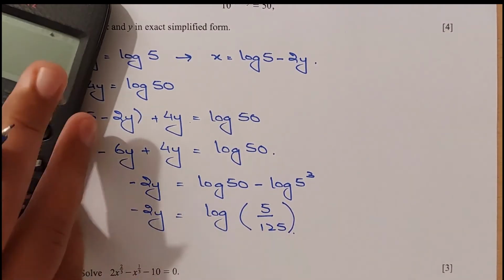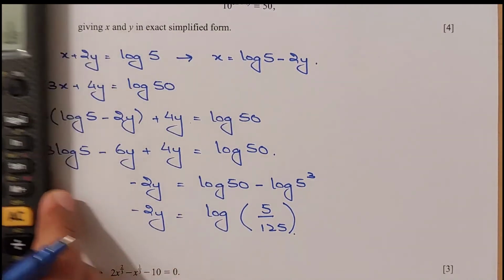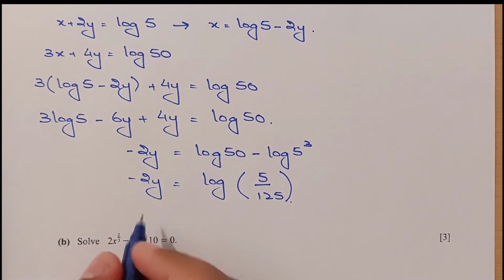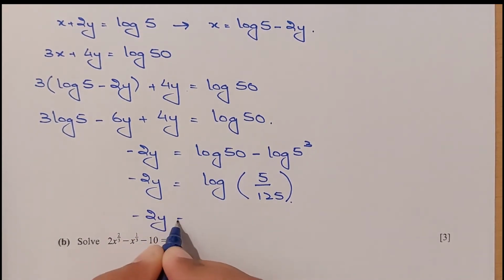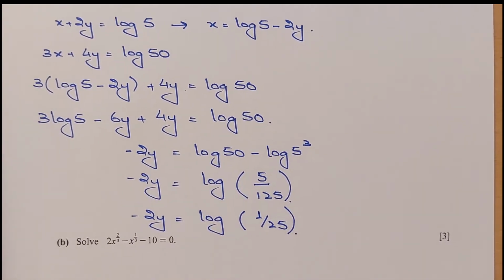And we have 5 divided by 125 is 1 by 25, right? So we can say minus 2y equals log of 1 over 25, right?